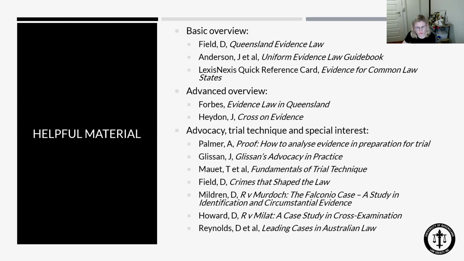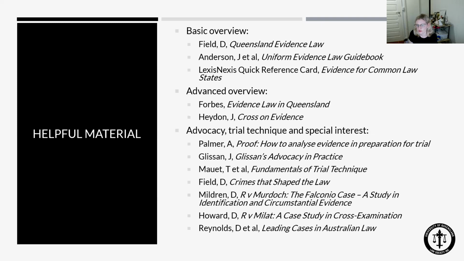The style of the particular barrister who cross-examined him is probably not for everyone. He's a somewhat controversial figure, if anybody followed the Kelly Lane saga. And the Murdoch book is really about identification evidence and circumstantial evidence. They're more, I won't say fun bedtime reading, but they are for interest sake.